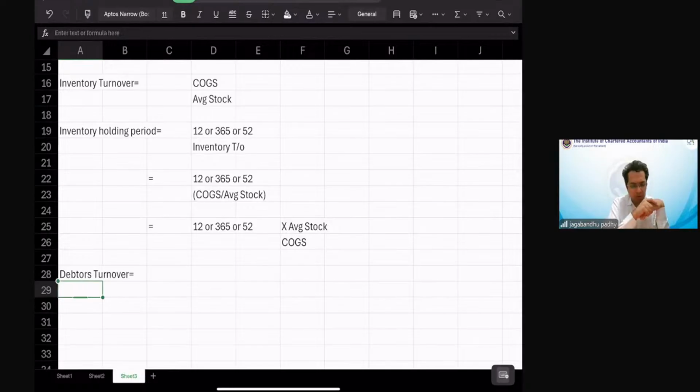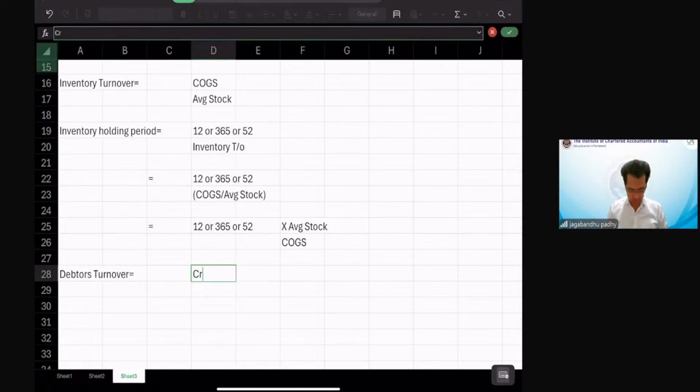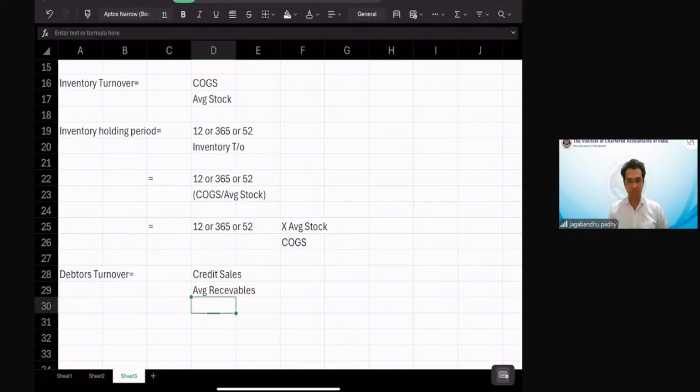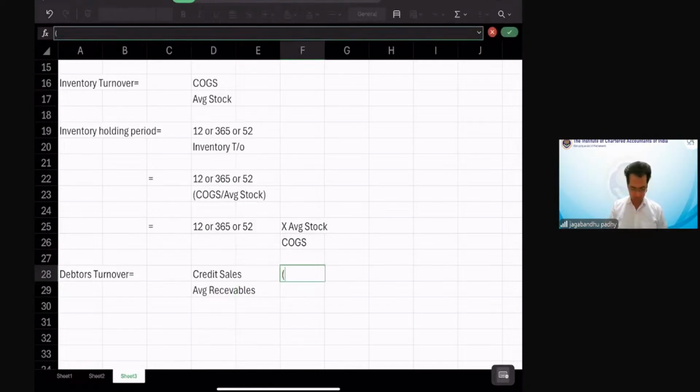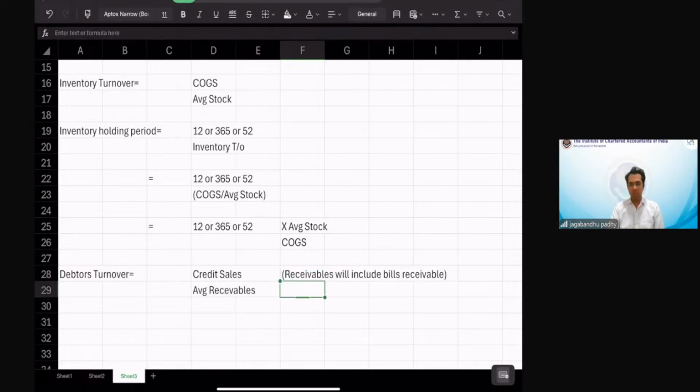Higher inventory turnover means the ratio is better. What will be the value of debtors turnover? Debtors turnover will be credit sales upon average receivables. And remember, receivables will also include bills receivable.